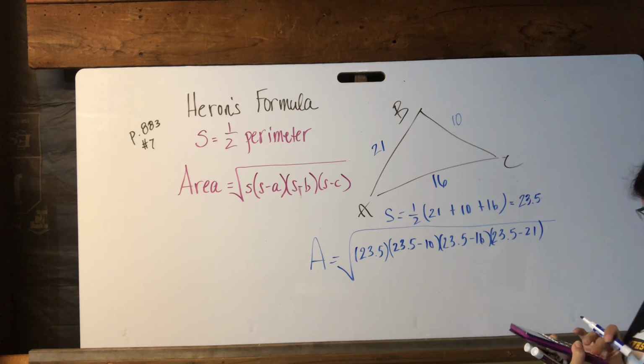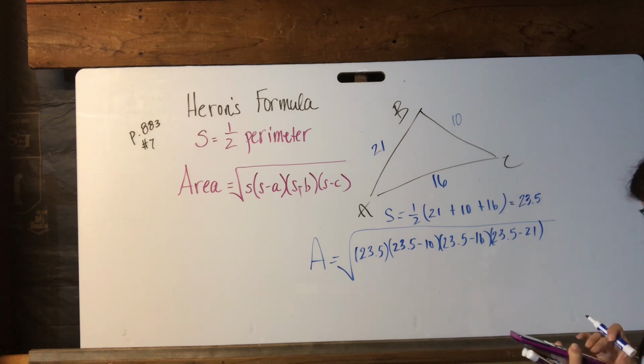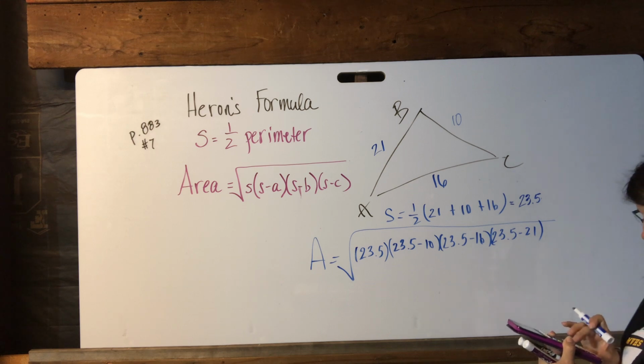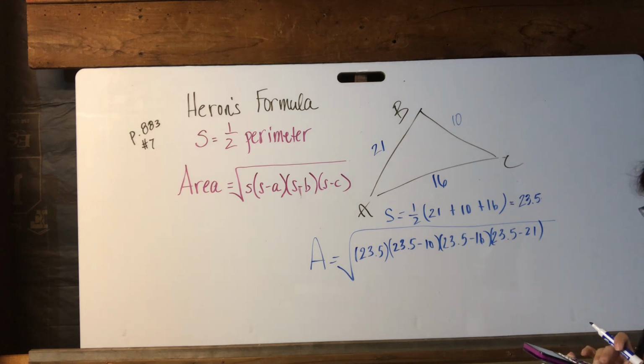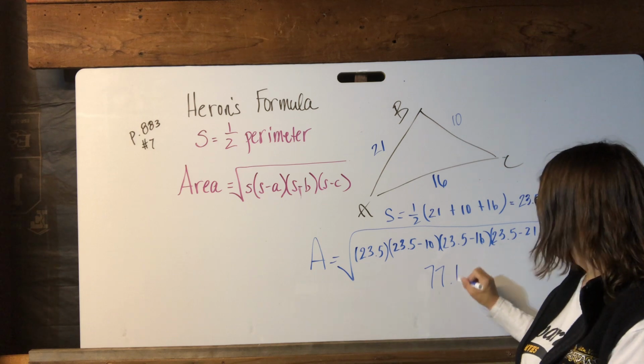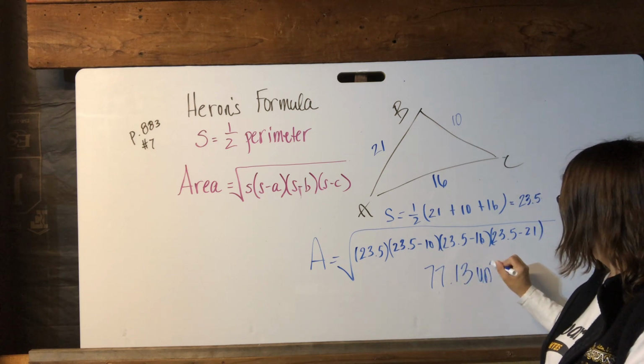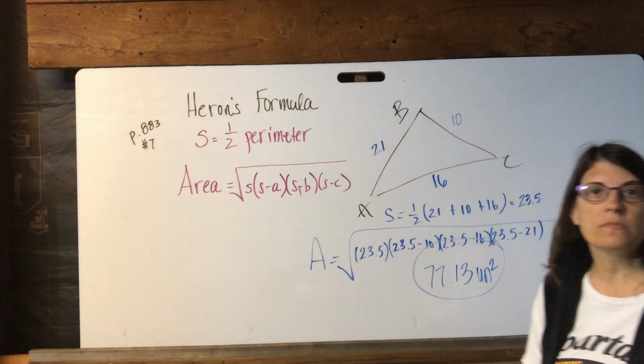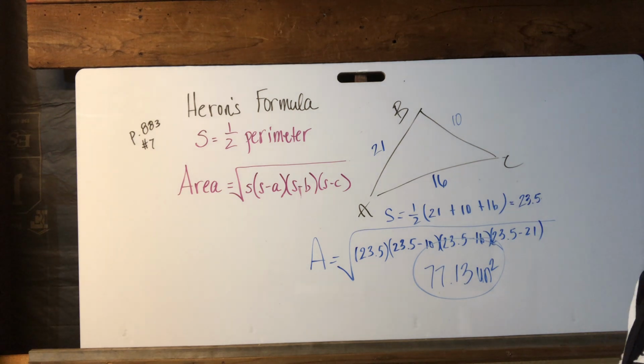So plug all that in. 23.5 times 13.5 times 7.5 times 2.5. Don't forget to square root the answer. Okay, if I've done it right, you should have 77.13 square units.